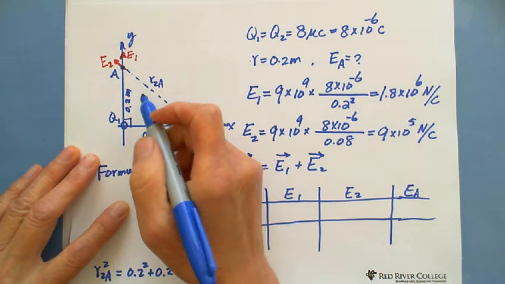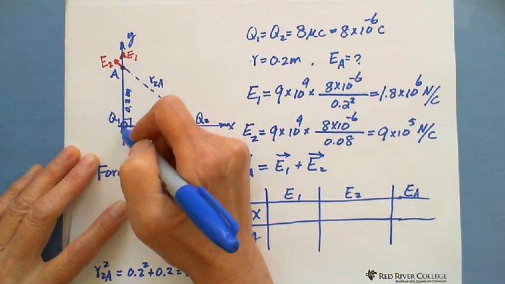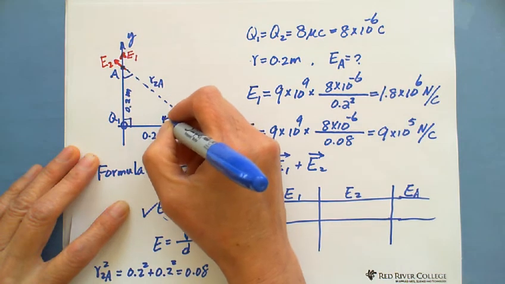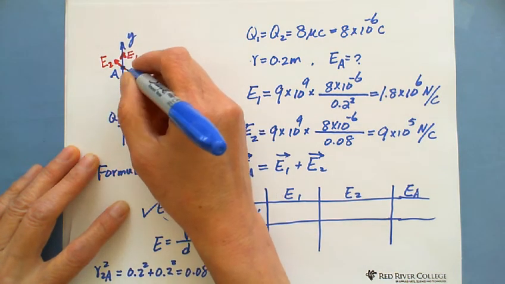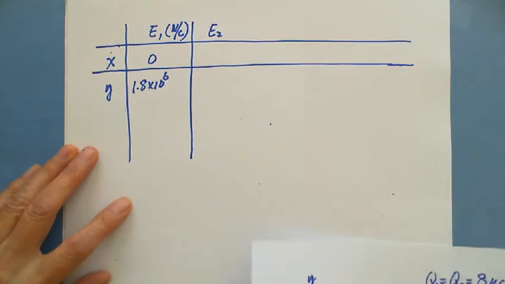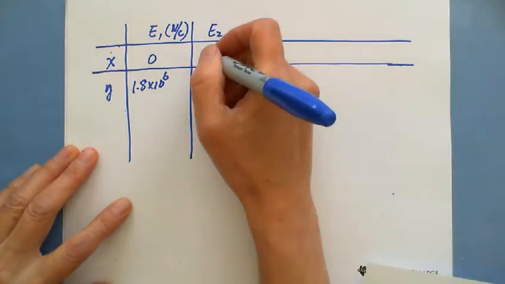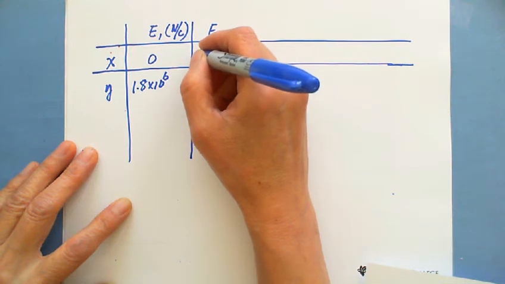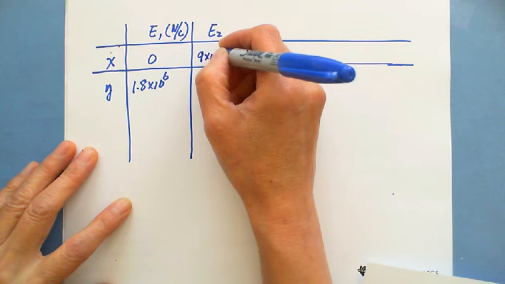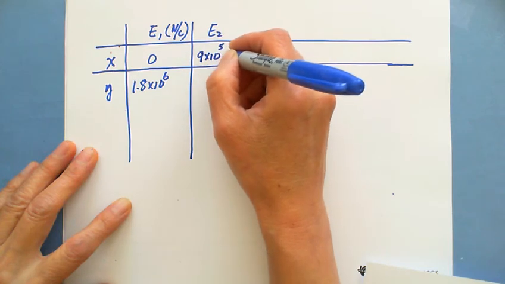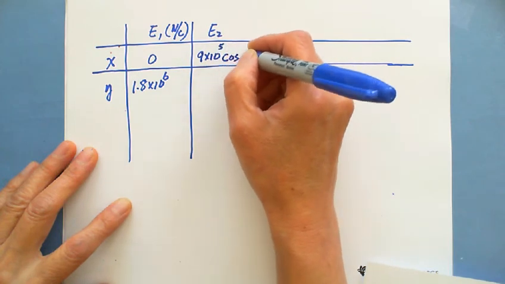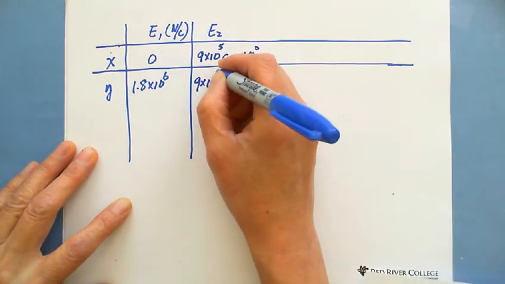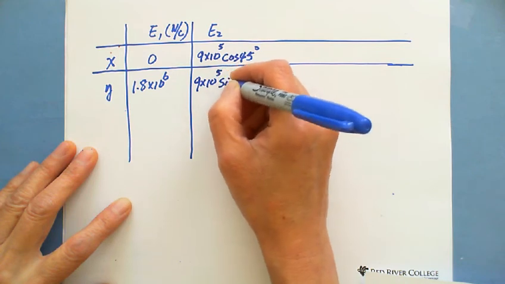This right triangle is an isosceles right triangle, so that's why this is 45 degrees. So for E2, the x direction is using 9 times 10 to the 5 exponent multiplied by cosine 45 degrees, and the y direction is also 9 times 10 to the 5 exponent times sine 45 degrees.